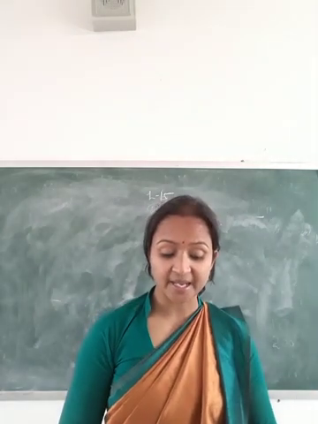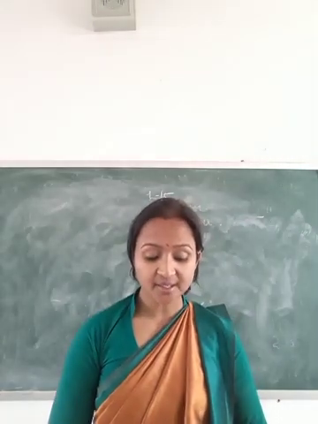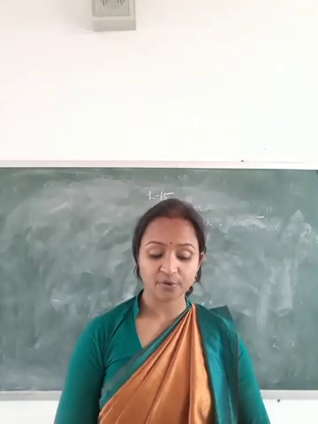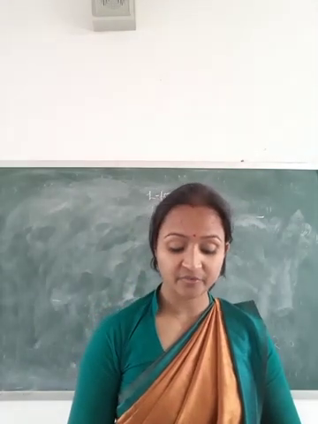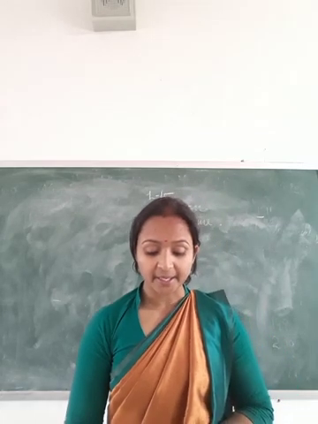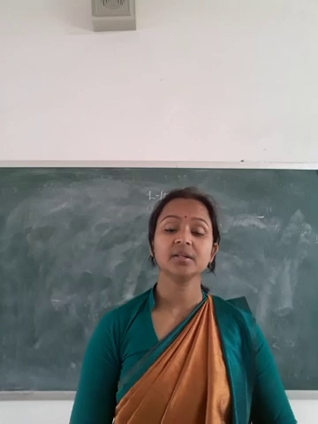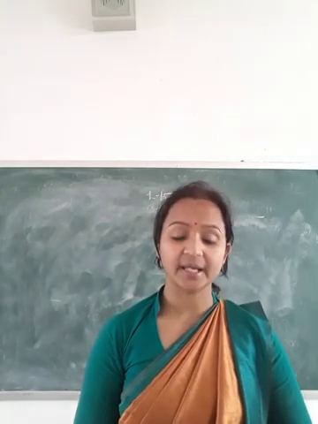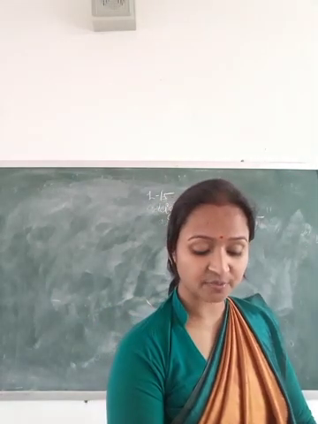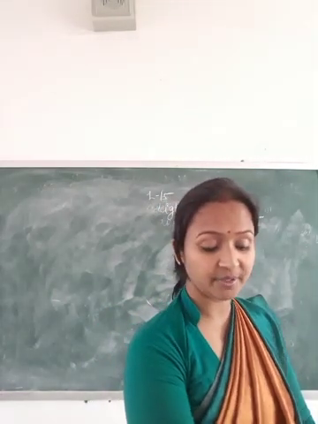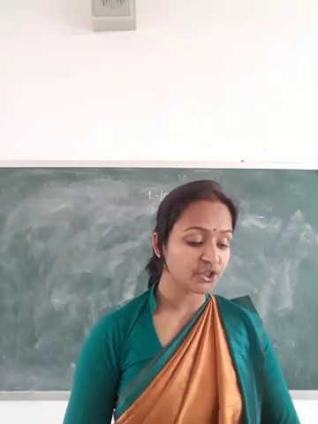such that red color is on the top and violet at the bottom. The order of colors starting from violet to red is VIBGYOR, that is violet, indigo, blue, green, yellow, orange and red, where V stands for violet, I for indigo, B for blue, G for green, Y for yellow, O for orange and R for red.